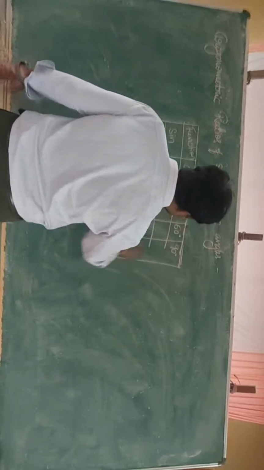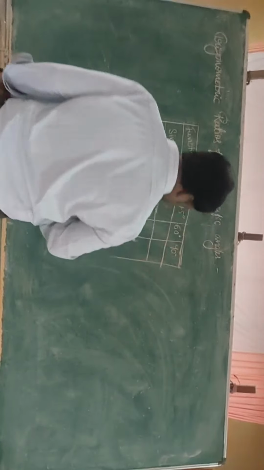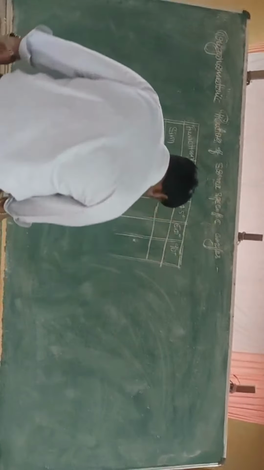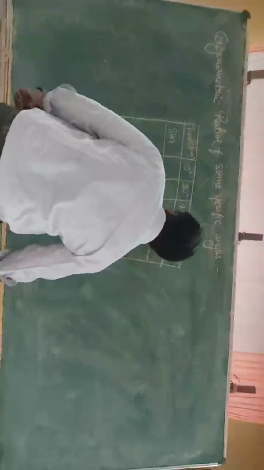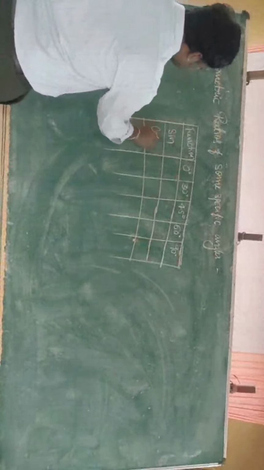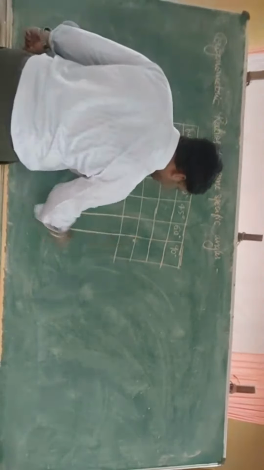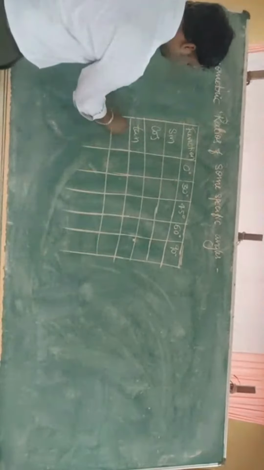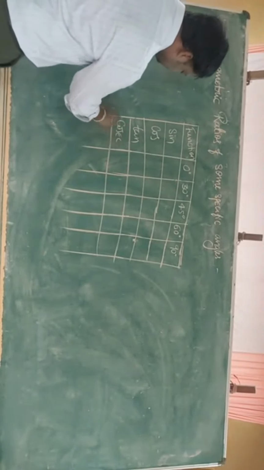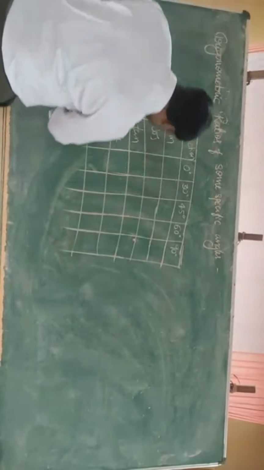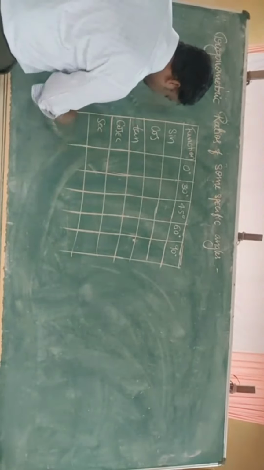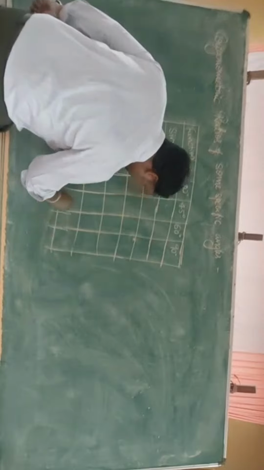Only these angles are there in your syllabus: 0, 30, 45, 60 and 90 degree. And all the functions you can write: sine, cos, tan, cosec, sec and cot.